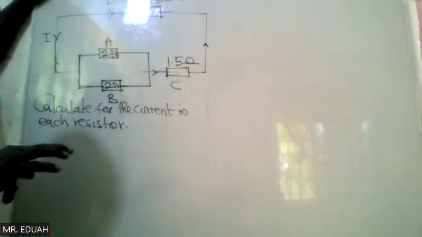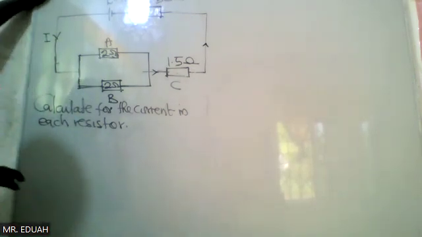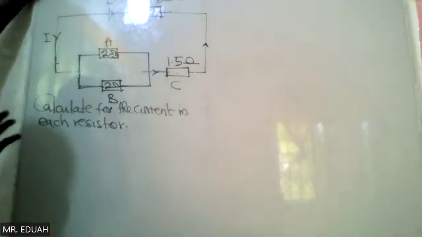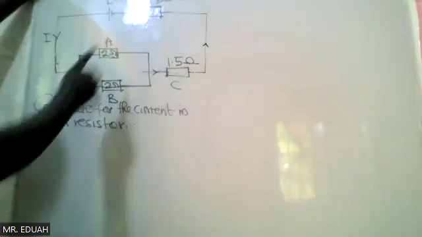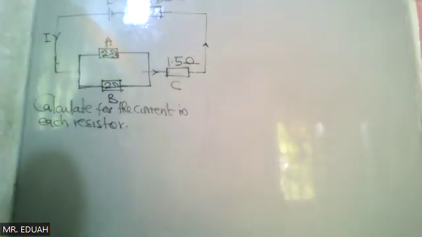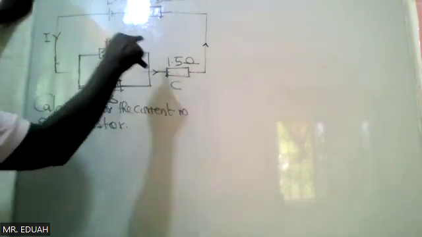So in actual fact, it is like having 4 resistors within a circuit, 2 in parallel, and then 3 and 4 in series, because it is given. Now we are calculating the current in each resistor.